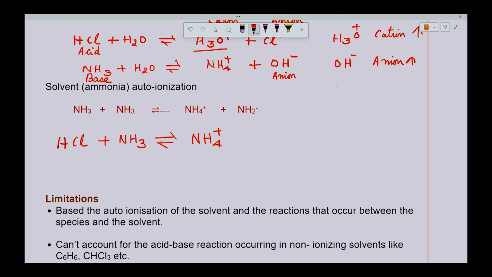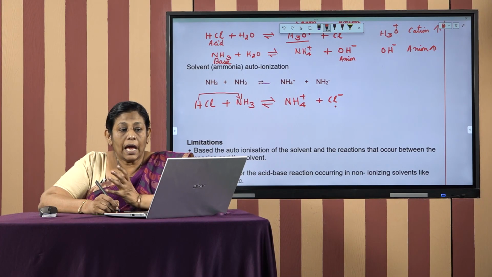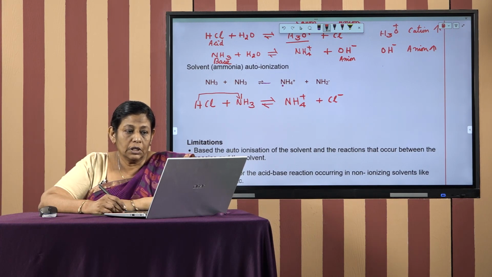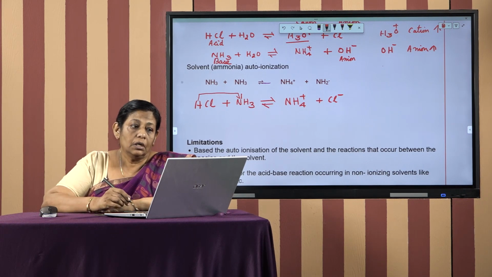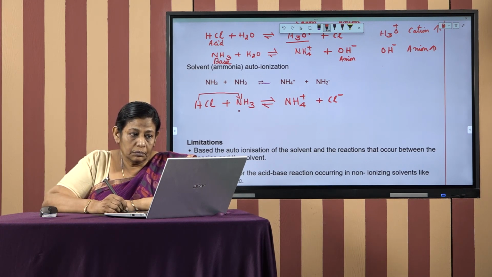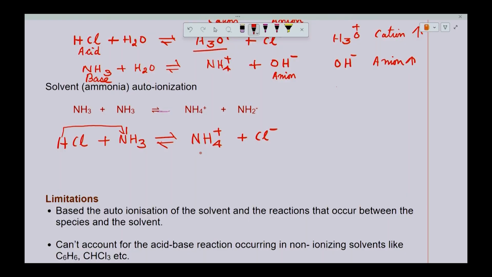That is, this proton goes to ammonia, and what will be left out? There will be a chloride ion. So here also you have a cation as well as an anion, but the anion is not found in the solvent, so we can discard that. We consider the cation because that is present in the solvent. Here the solvent is ammonia. So, when we add HCl, the concentration of NH4 plus, which is the cation of the solvent, is increasing.